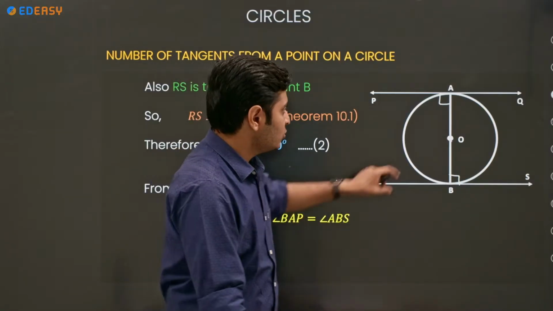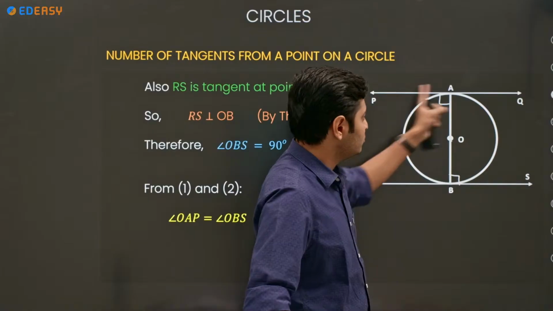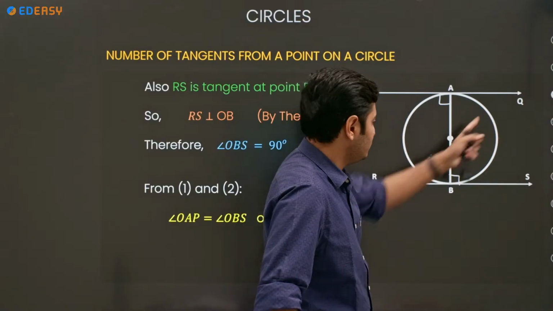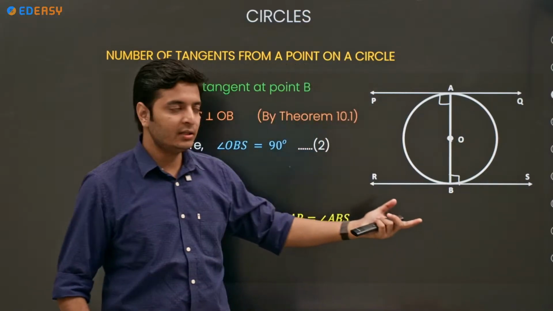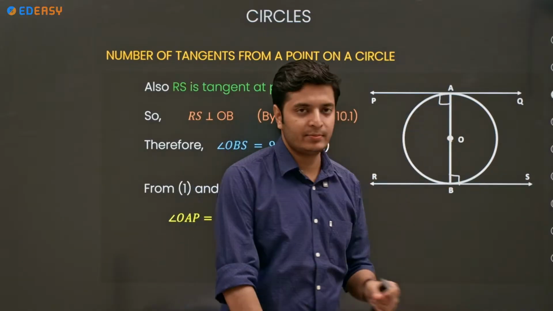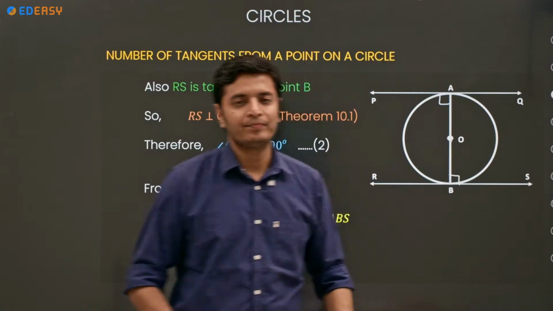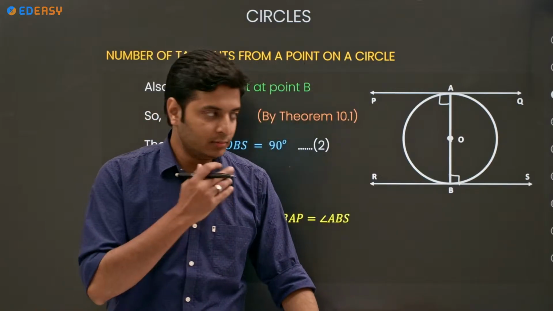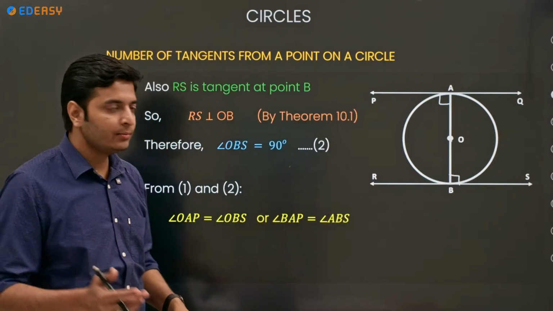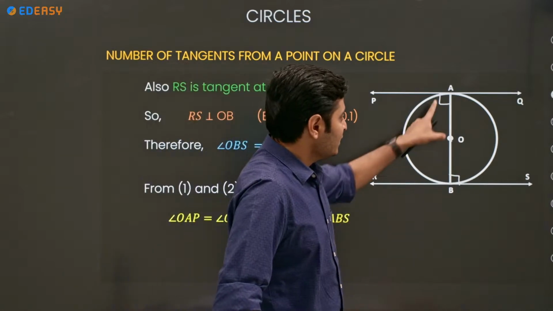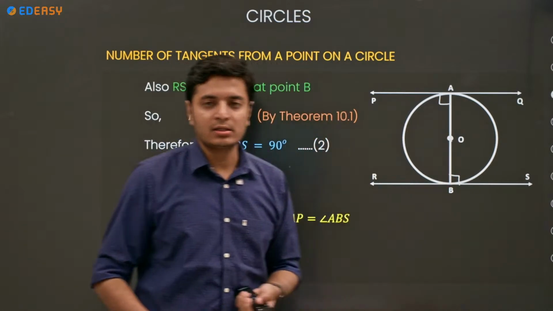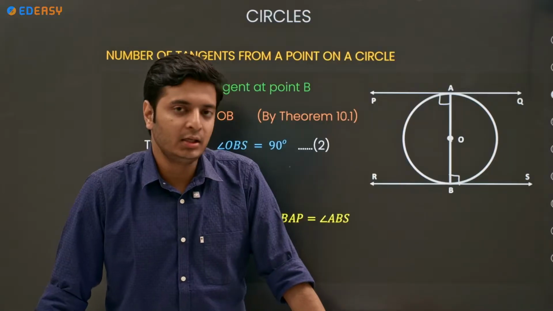So AB is acting as a transversal to these two lines PQ and RS, meeting these two lines at A and B respectively. Now, looking at this angle and this angle that we just proved to be 90 degrees, both angles are at the position of alternate interior angles.